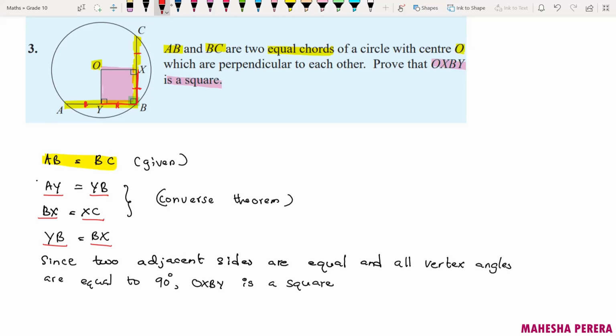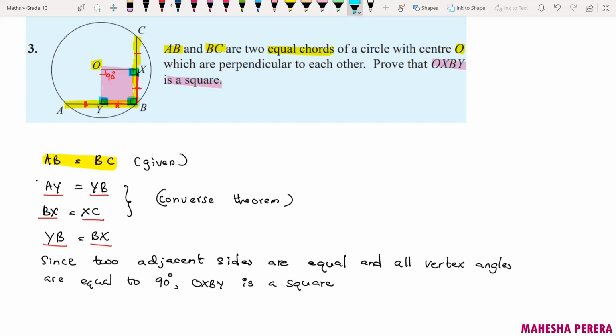And also notice, this angle also should be 90 degrees. Why? Because it's given that all these three angles are 90 degrees. So if this is a quadrilateral, the sum of the angles of a quadrilateral is 360 degrees.